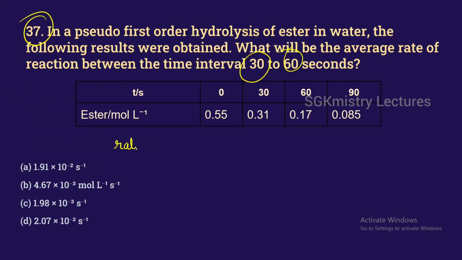So rate is equal to delta R by delta T. So delta R is how much? Between 30 to 60, this minus this, so we have minus 0.14, that is 0.17 minus 0.31. Then we have delta T, so 60 minus 30 is 30.